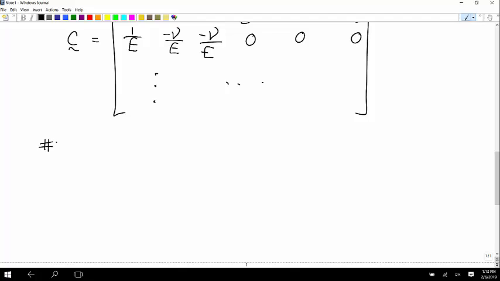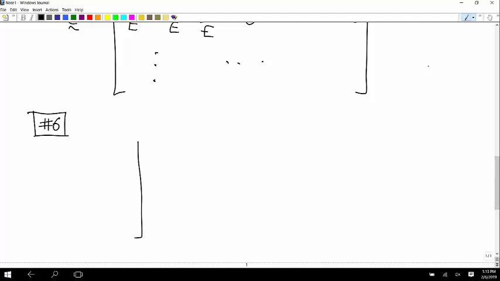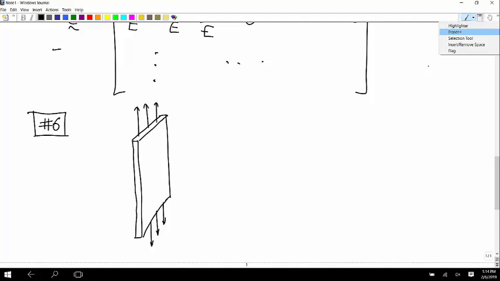So number 6 is a tensile test. We're applying a force of 2,000 newtons. The height is 0.15 meters.